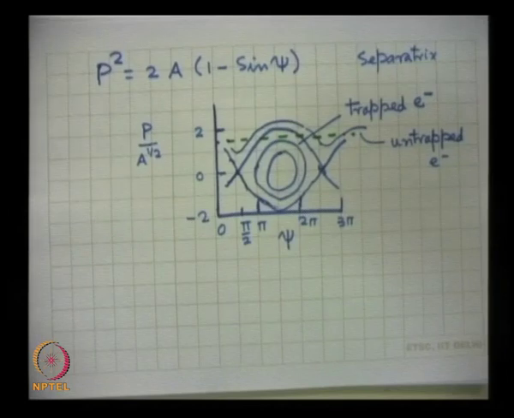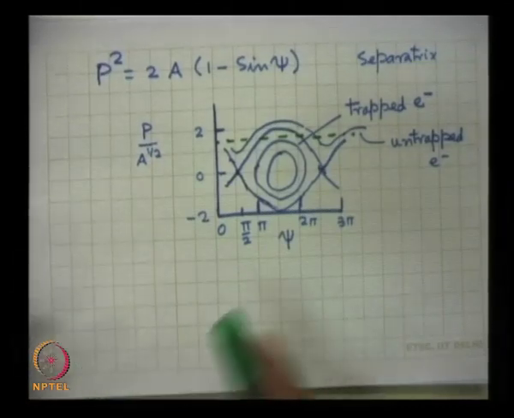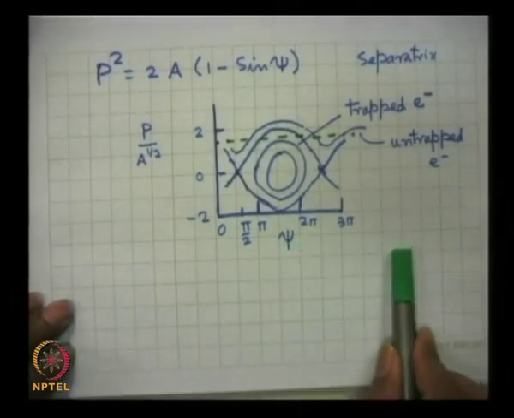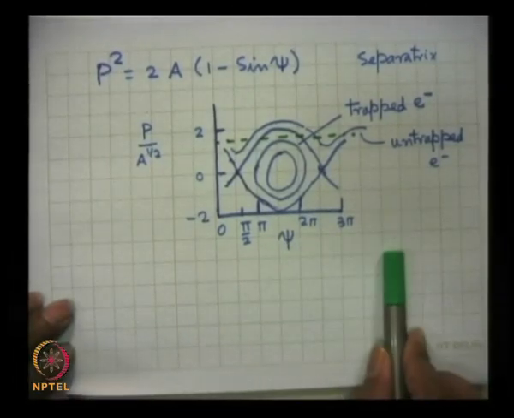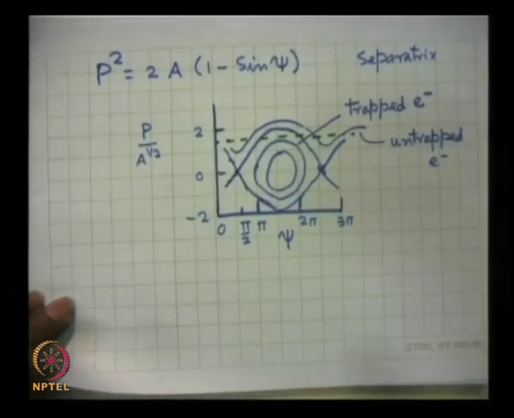So, what do we have to do? For that, I need to solve the equation of phase evolution, because if I can express psi in terms of z, the distance of propagation, then I can find P as a function of z, and I do that iteratively.